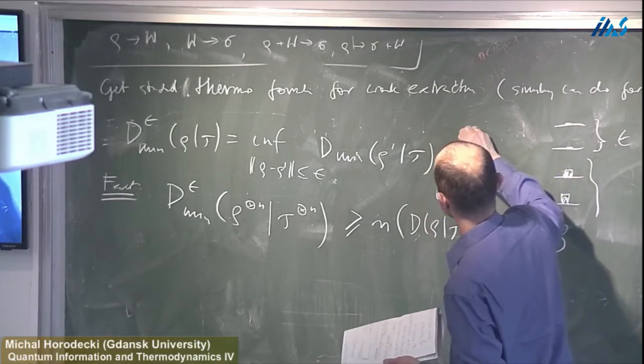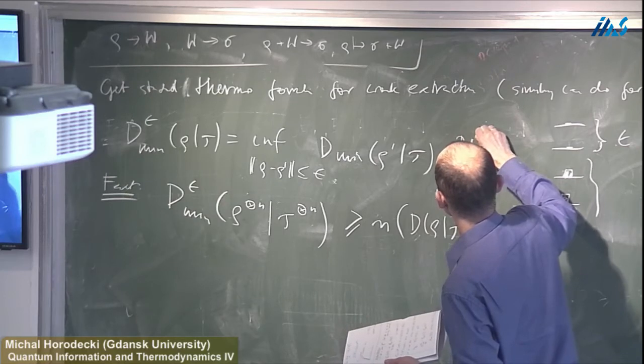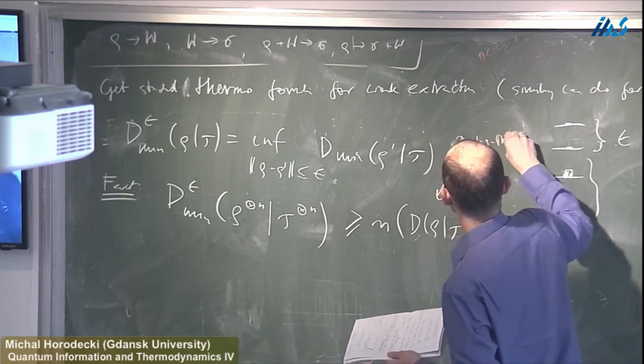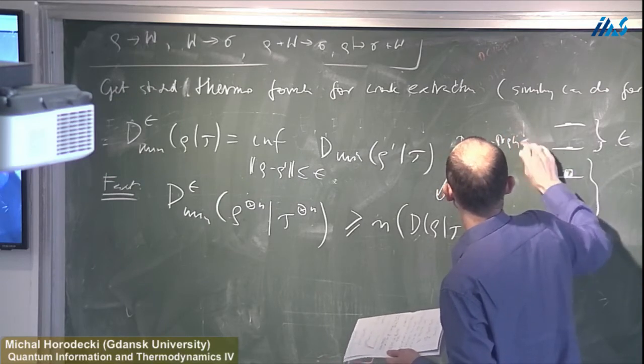So it's trace rho log rho minus trace rho log sigma, sorry, log tau.